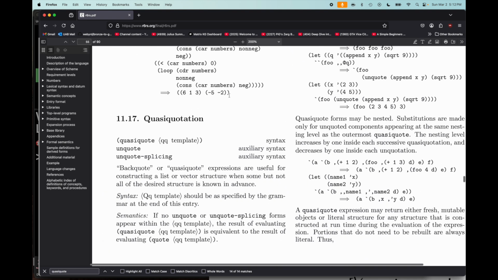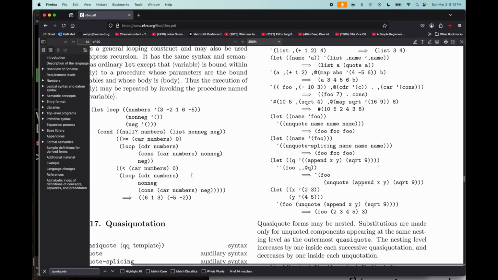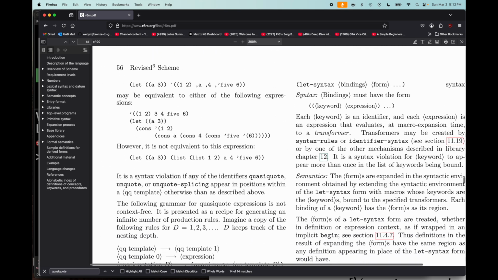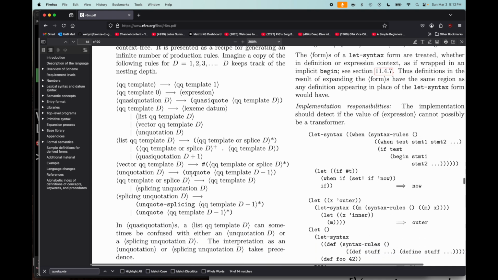All right, quasiquote. Quasiquote takes a QQ template. Huh. It looks like it only takes one of those, whatever that is, though. The QQ template should be as specified in the grammar at the end of this entry. Okay, so there's a grammar somewhere. All right, here's the QQ template.